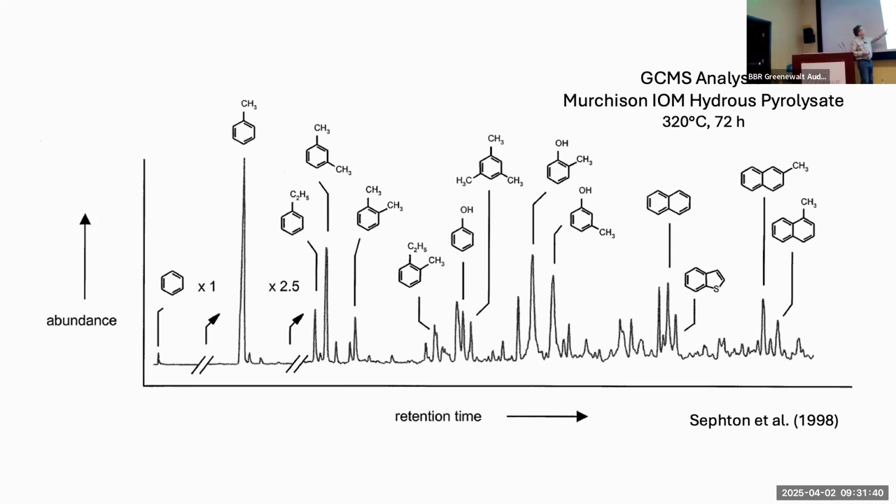And you can imagine the range of experiments that would need to be done to try and constrain those processes. But these are the types of reactions that are likely occurring on an ocean world where the amount of carbon is enormous.